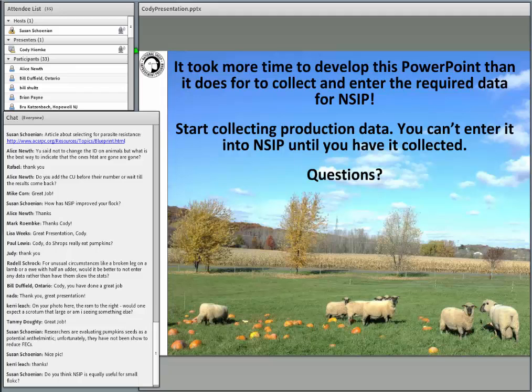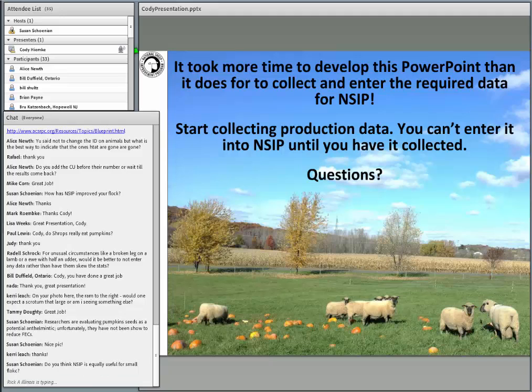I think, Susan, to answer your question, production data is equally useful for a flock of any size. And NSIP can be a great tool to benchmark what your production is. So I do think it is equally as useful, but it's like any scenario.